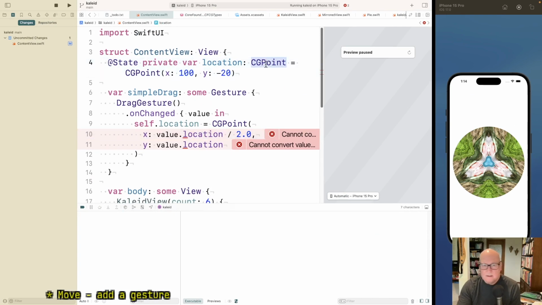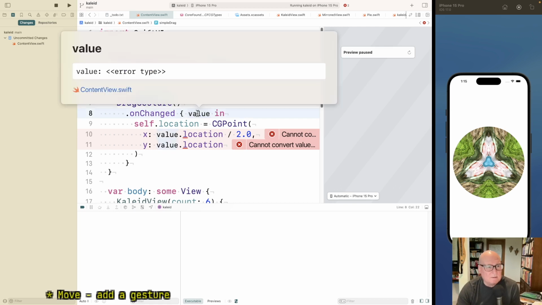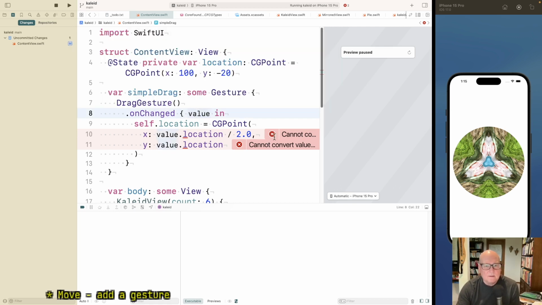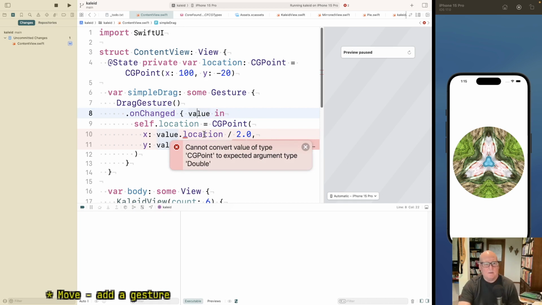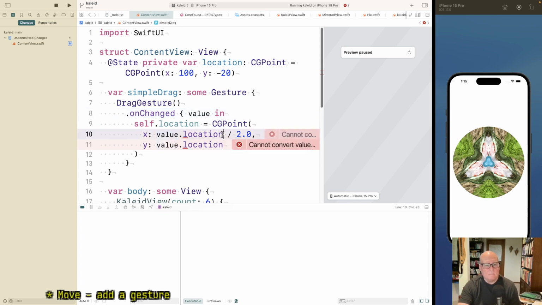I assume value is a CGPoint? I don't know. Right, CGPoint. So expect type double. Oh. Dot X. Dot Y. Okay.